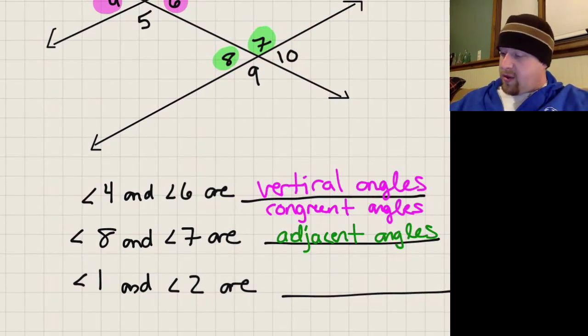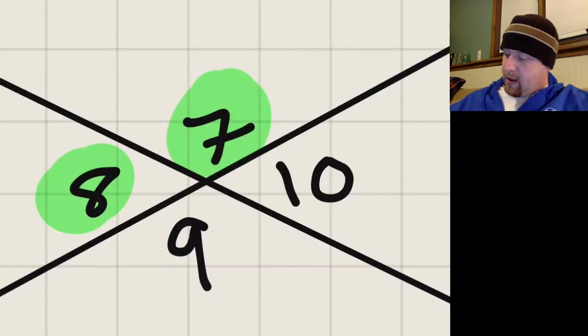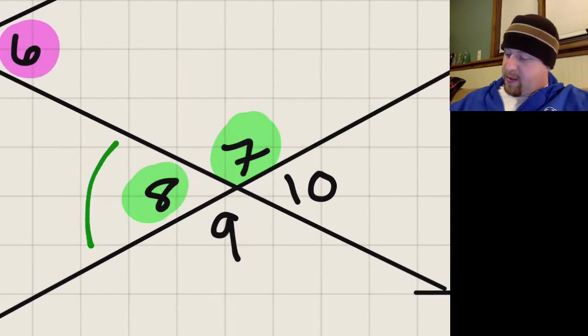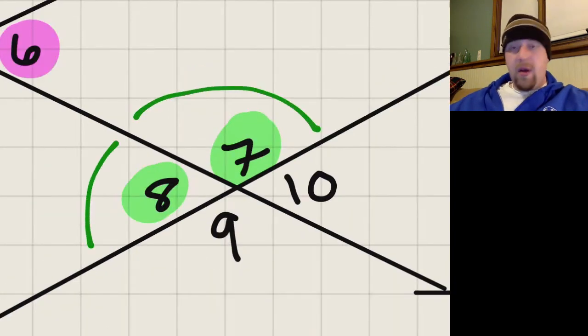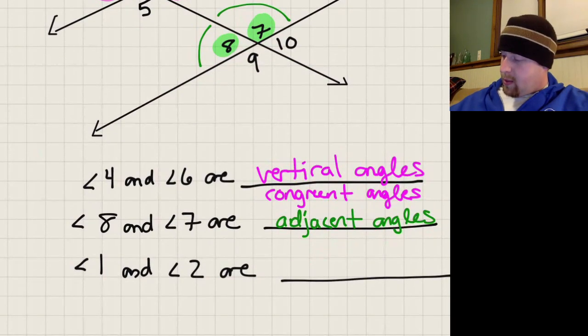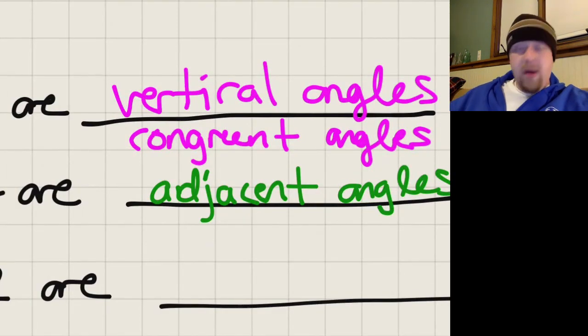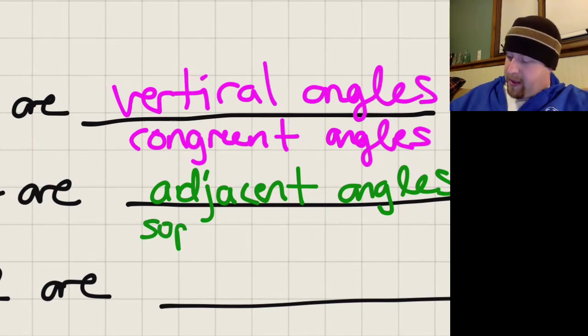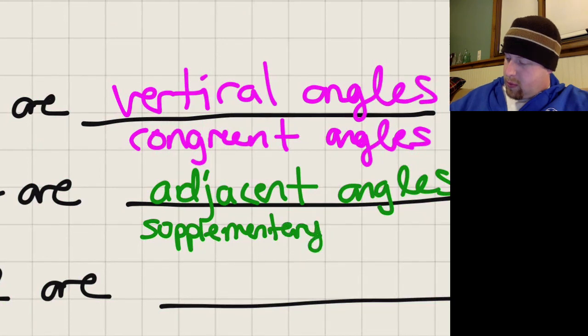But we can also see, if we zoom in here, that this measure and this measure, when added together, would equal 180. So not only are they next to each other, but they're also, when added, equal 180 degrees. So they're also supplementary angles. Okay?